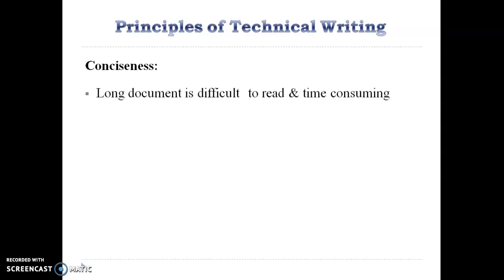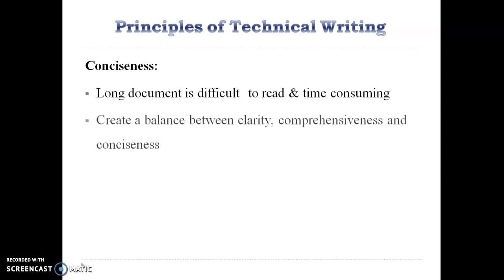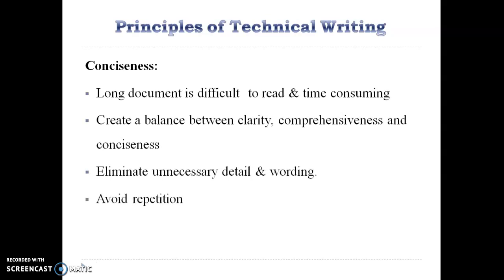But when you are writing your technical document concisely, make sure you create a balance between clarity, comprehensiveness, and conciseness. That means the document should be clear, should have all the information to understand, but it should be concise. For that, you should eliminate unnecessary detail and wording and avoid repetition.